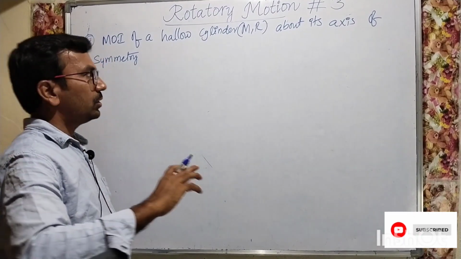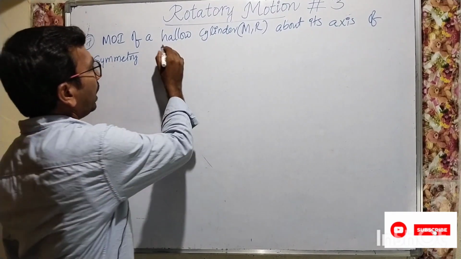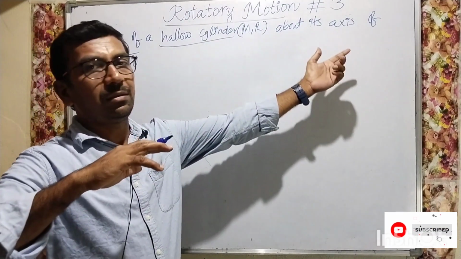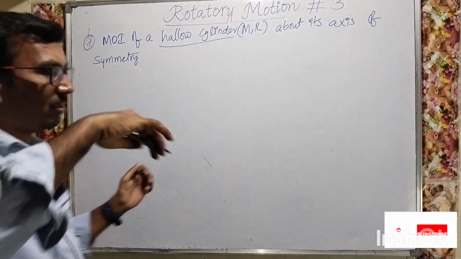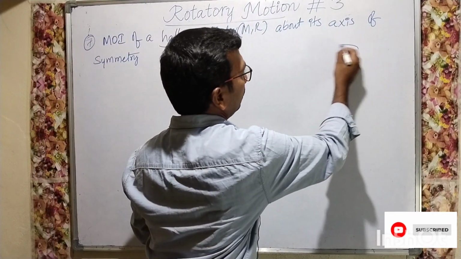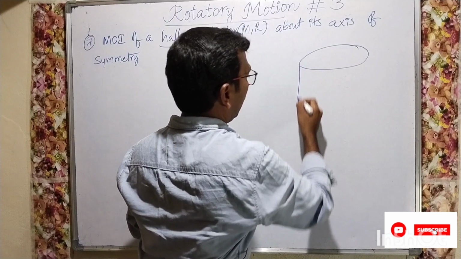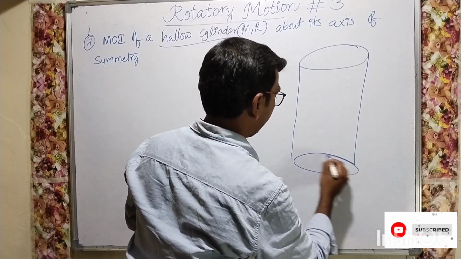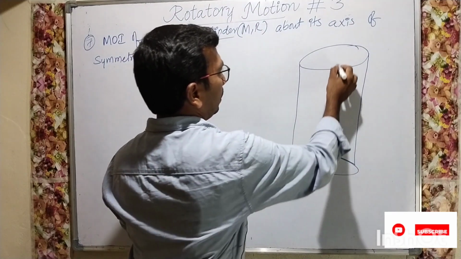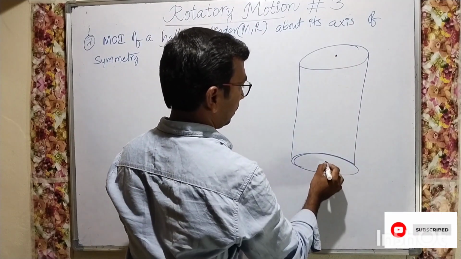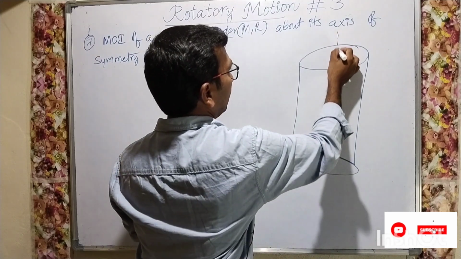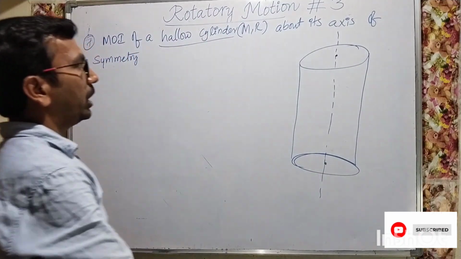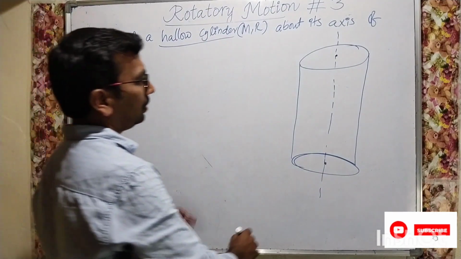Next, the moment of inertia of a hollow cylinder of mass M and radius R about an axis of symmetry. The axis passes exactly through the center of symmetry.